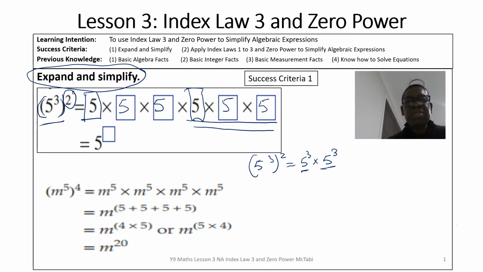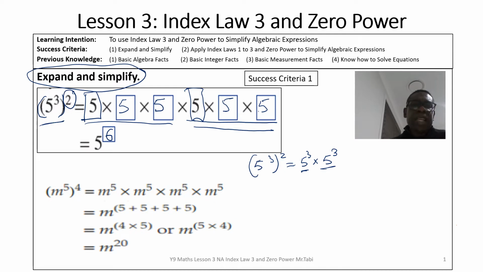So 3 times and 3 times. So altogether, 5 multiplies itself 1, 2, 3, 4, 5, 6. So 5 to the power of 6. Already you'll be able to observe some pattern, but let's keep going. We'll get to the pattern later on.